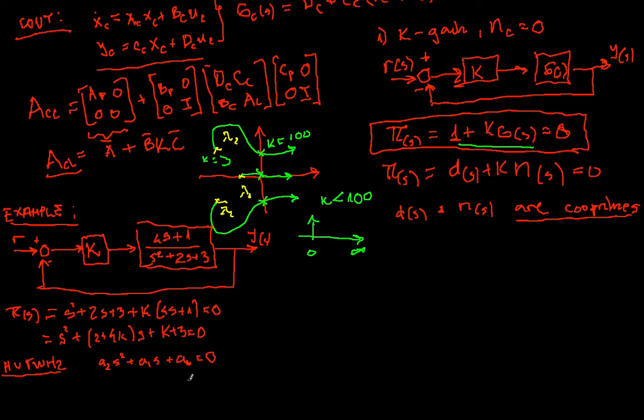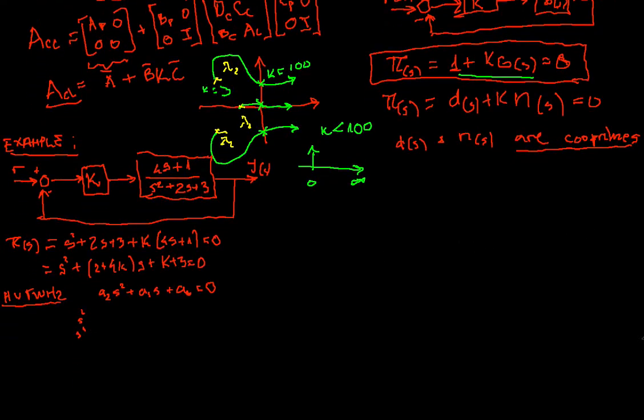So if this is the polynomial, the Hurwitz table is built as follows: s2, s1, s0, and here we write a2, a0, a1, 0, and here is a0. Okay, so these terms should not have a change of sign.